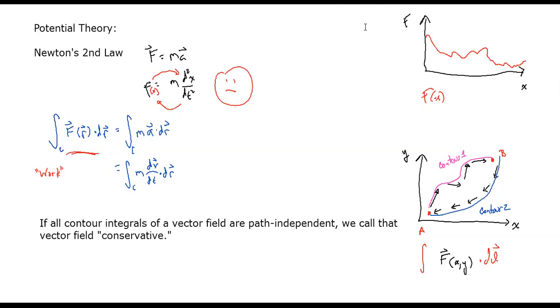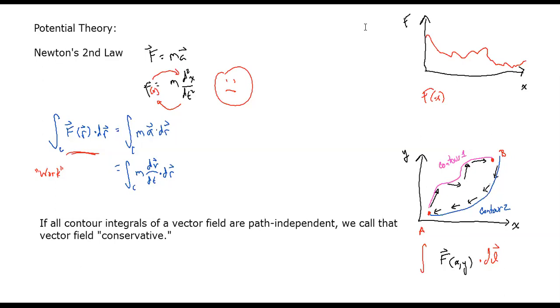I think that one's conservative. Yeah. What about spring potentials? Also conservative. What about electric fields? Also conservative. Yep. What about magnetic fields? Also conservative? Yep. Okay. What about friction? No. Right.